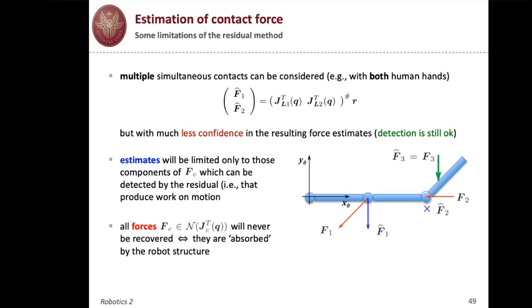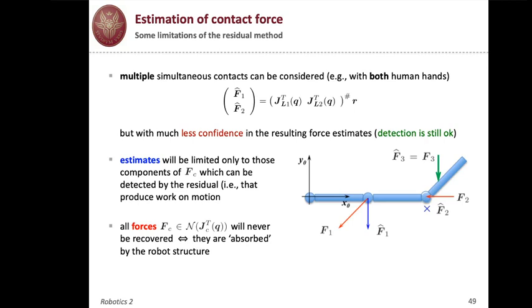Even more critical, if you're pushing in this singular configuration for the sub-robot made by the first and second link, so if you're pushing like F2 in the direction of the two joints, this will produce no joint torque at all.